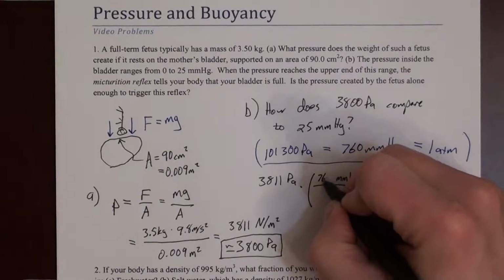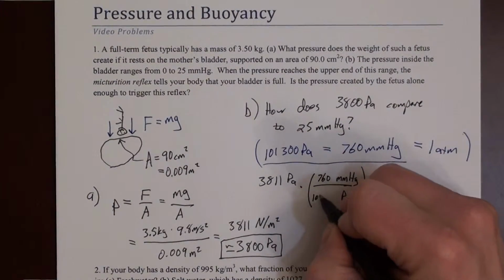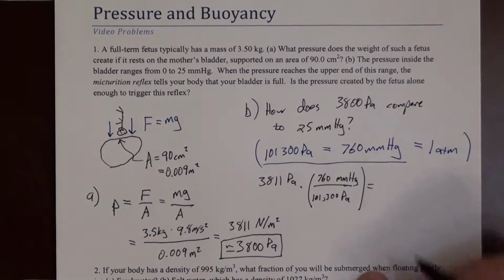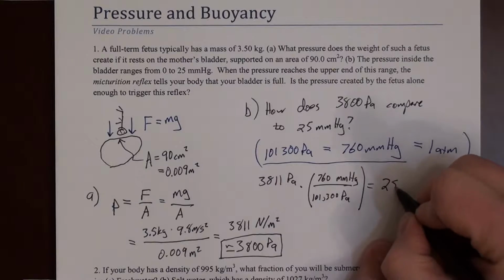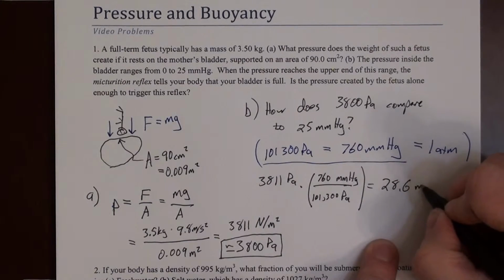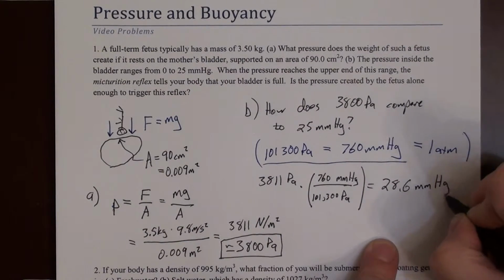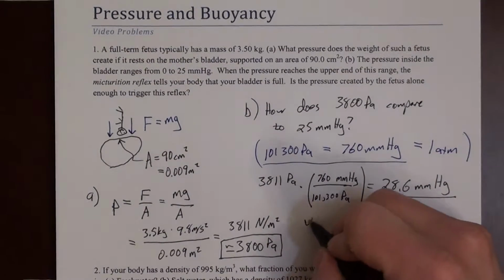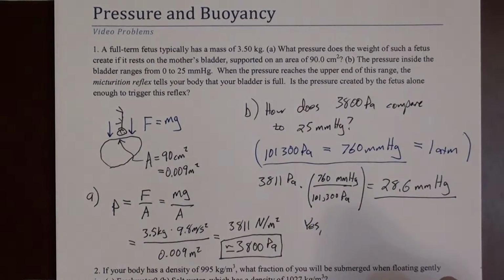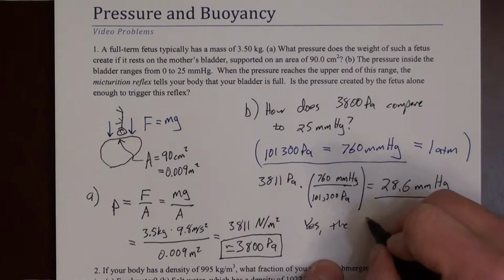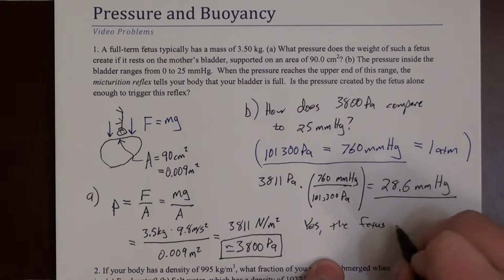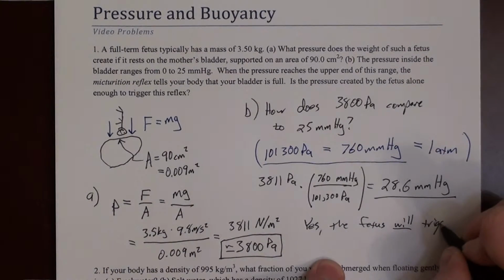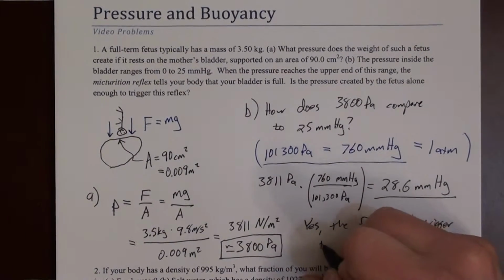So that's 760 upstairs, 101,300 downstairs, and if you do this math, you end up with 28.6 millimeters of mercury. So, yes, the fetus will indeed trigger the reflex.